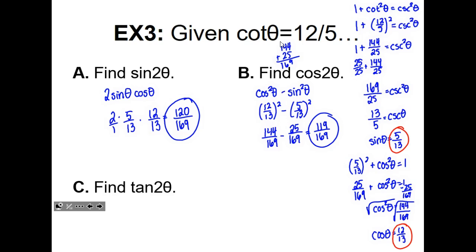And then last we would have 120 over 169 divided by 119 over 169. Dividing fractions is easy as pie. Flip the second and multiply.